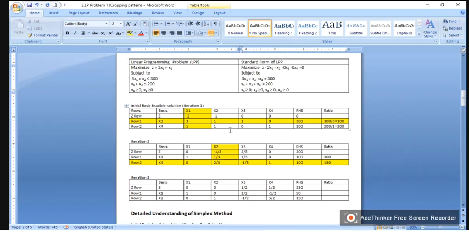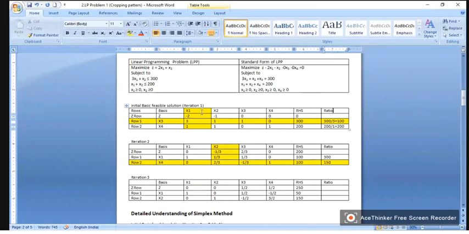Right hand side and ratio, right? How many columns do we have? 1, 2, 3, 4, 5, 6, 7, 8. The rows column is fixed, the basis column is fixed, the right hand side is fixed, and the ratio is also fixed.